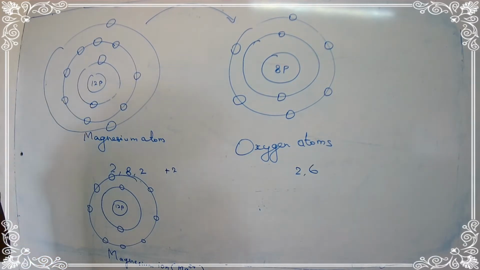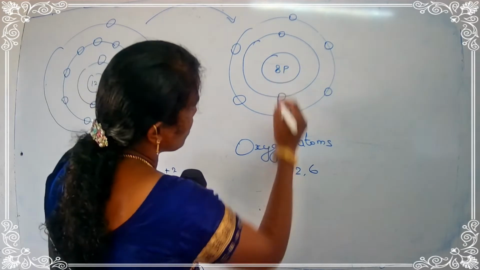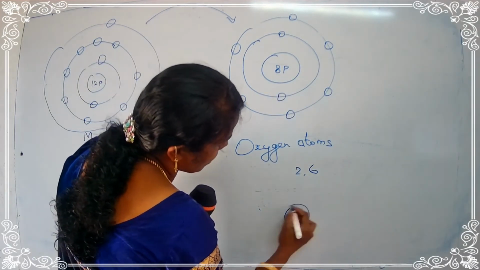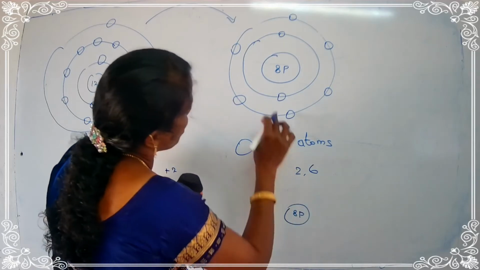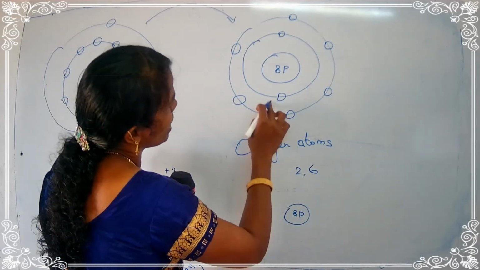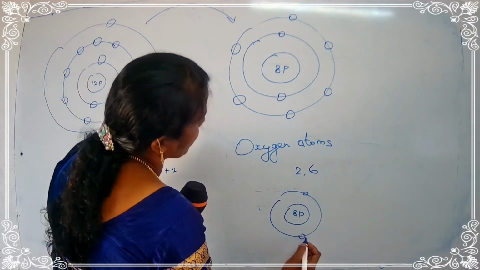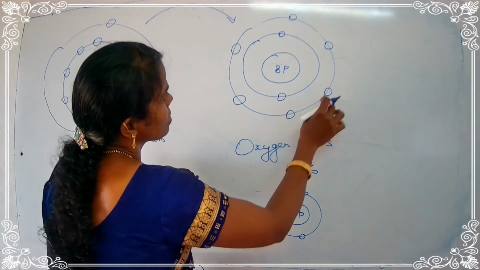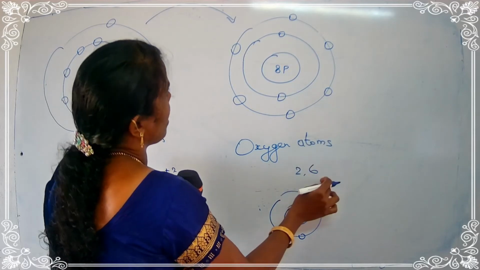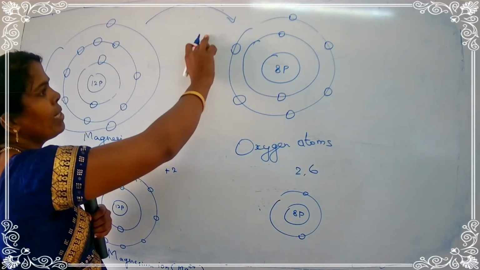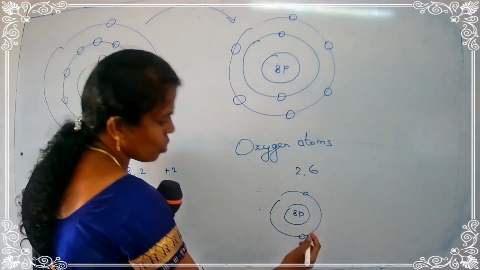Now you see here, inside the nucleus how many protons are there? 8 protons. Now the first shell has how many electrons? 2 electrons. 2 we have to draw. The second shell has how many electrons? 6 electrons. Now 2 electrons come from the magnesium, so it becomes 8.